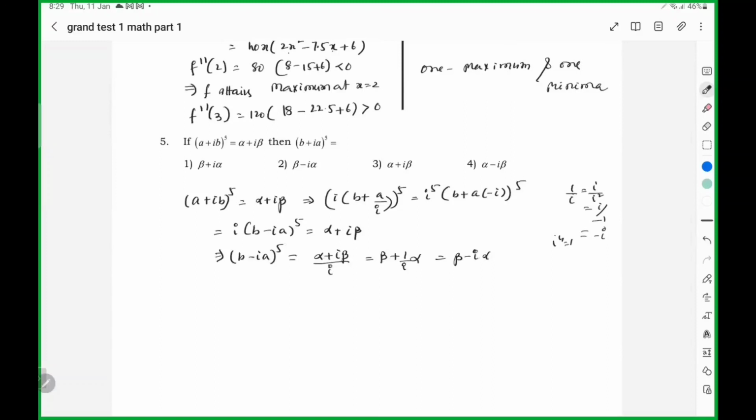So the answer is beta plus i alpha whole power 5, which will be beta plus i alpha. First option is correct.